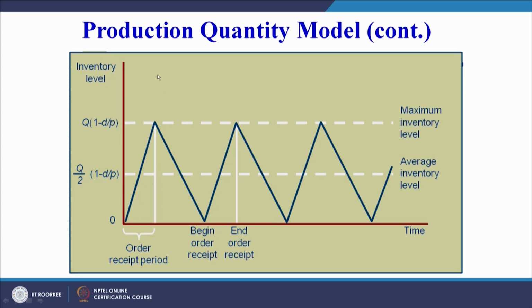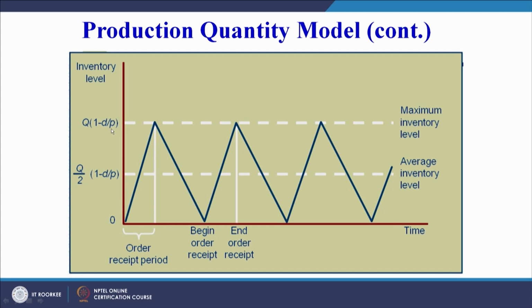Now whatever I explained at the beginning of today's session is explained graphically here. On the y-axis we have the inventory level or quantity, and on the x-axis we have time. This is our top level, that is Q into 1 minus D by P. D is the demand rate and P is the production rate.